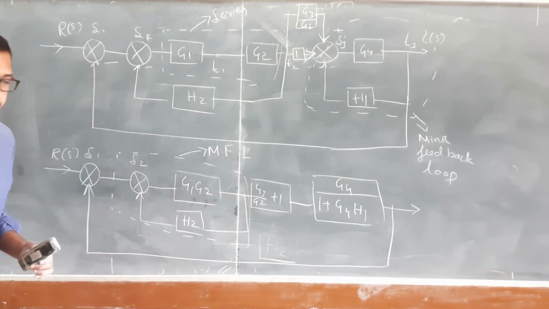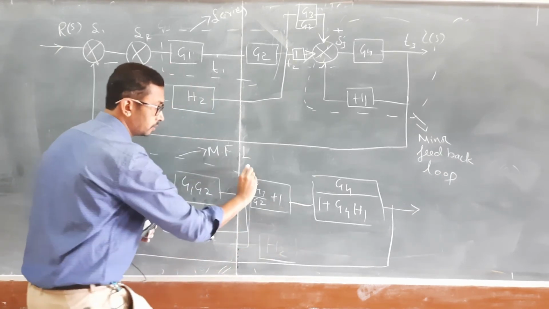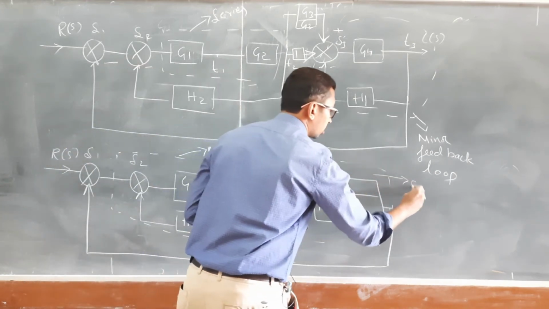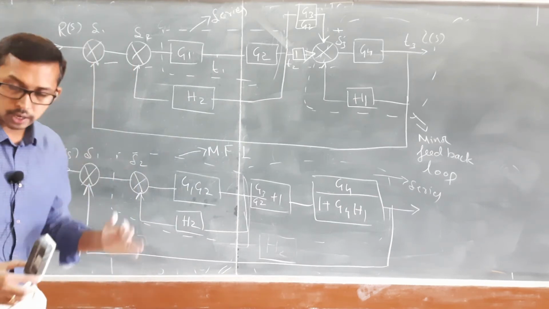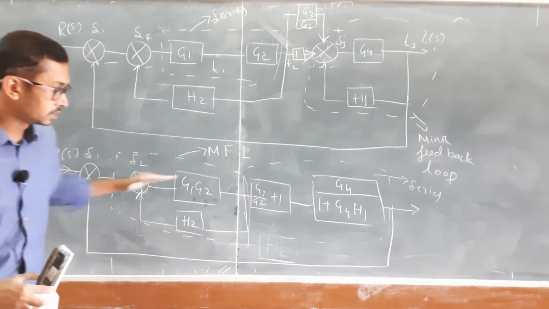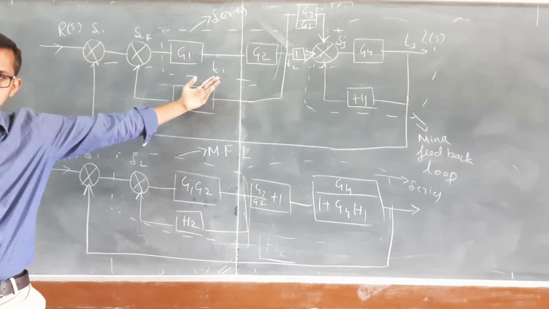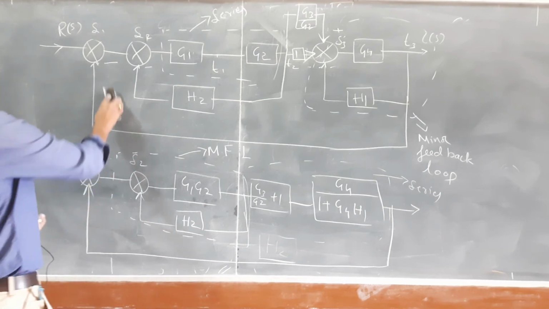So next, these two blocks are in series. At one shot, we are going to apply these two rules and reduce it. Can you please do it along with me?